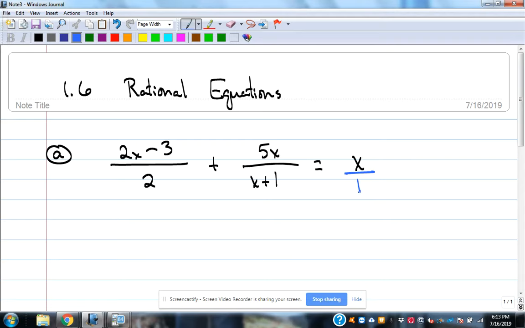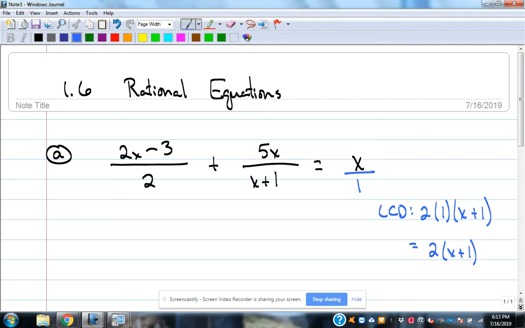So if nothing will factor, then I automatically know that the least common denominator for all those fractions is just multiplying all three of them together: 2 times 1 times (x plus 1), which ends up being 2(x plus 1). So the least common denominator here is 2 parentheses x plus 1.